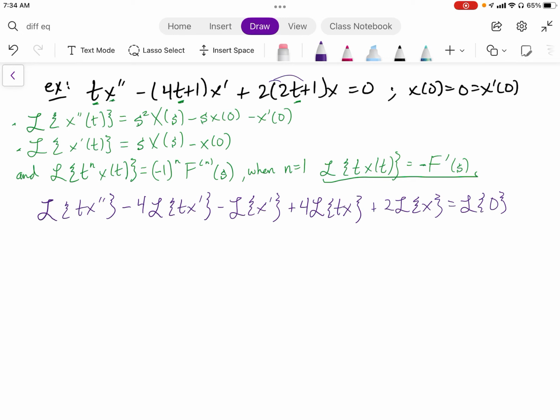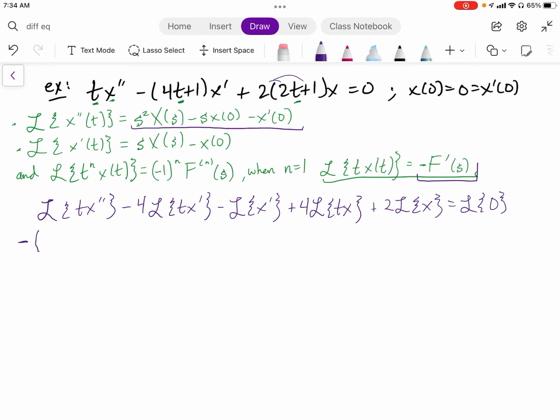Okay, so now we need to apply the Laplace transforms on each term here. Laplace tx double prime. So we have this for the Laplace of x double prime, but because of the t, we need to do this to it as well. Negative f prime of s. All right, so how does that look? It's going to look like we have negative, and then I'm going to go ahead and write the Laplace of x double prime.